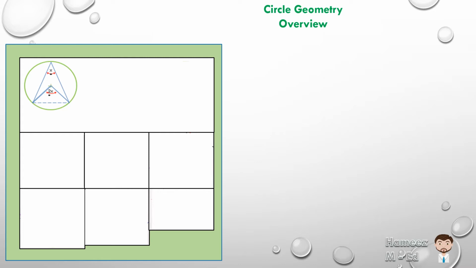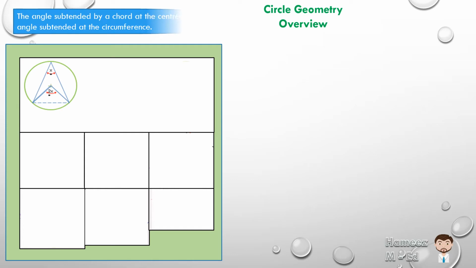From the ends of the chord, we can see that they form an angle at the center and an angle at the circumference, and there's a relationship between the two of them. The angle subtended by a chord at the center is twice the angle subtended at the circumference.